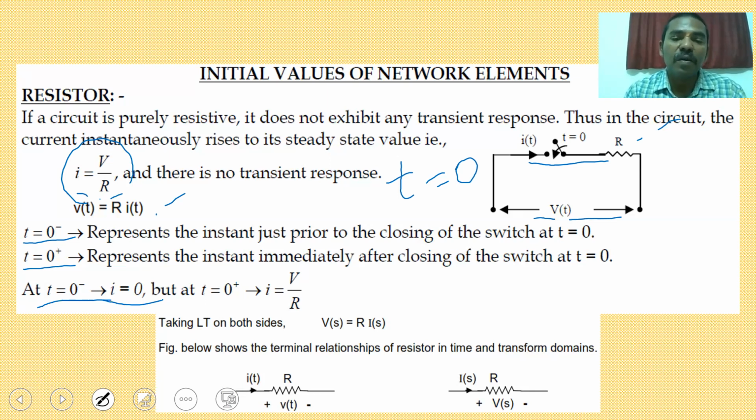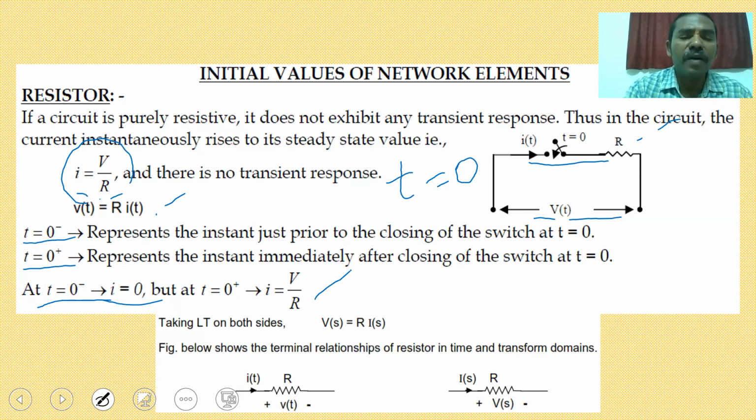Then at t is equal to 0 plus condition, immediately the switch is closed, a current will flow through the closed path, so through the resistor. Then by Ohm's law, I of 0 plus must be V by R. So this is your time domain analysis.